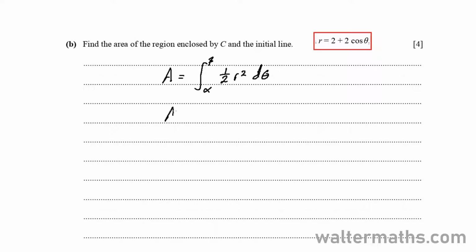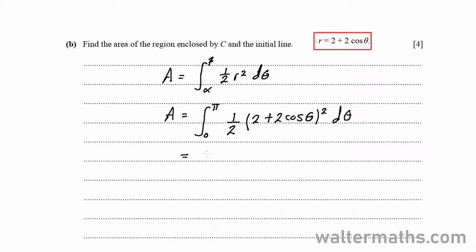So we'll be saying area is equal to the integral, that's from 0 to pi, those are the limits, of half of r squared. In this case, r is 2 plus 2 cos theta, so it's 2 plus 2 cos theta, and that's squared, and that's with respect to theta.